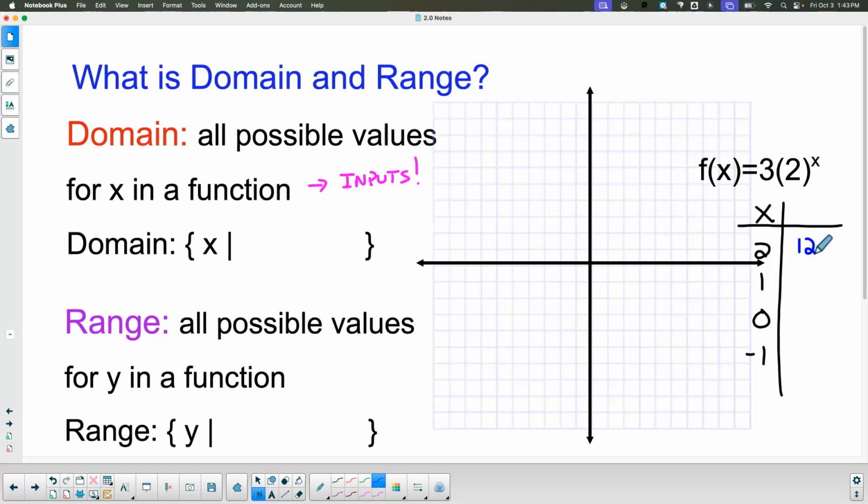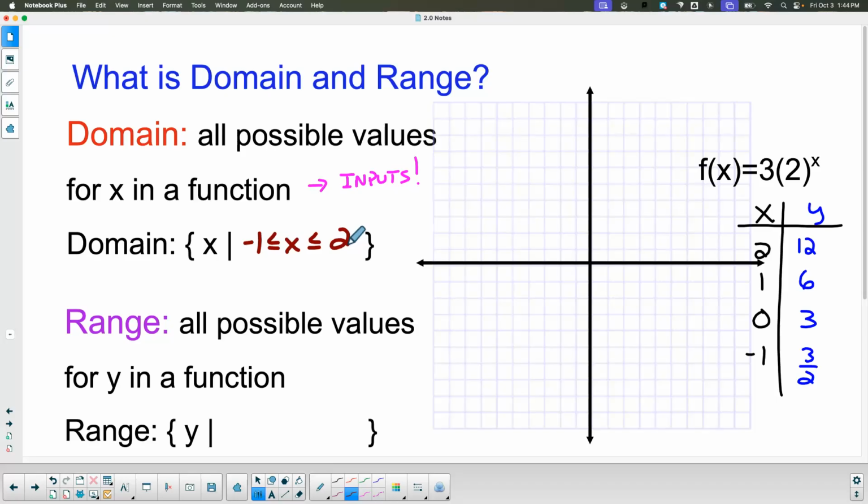Oops, I forgot to put my y's here, or my f of x's. 2 to the first power is 2, times 3 is 6. 2 to the 0 power is 1, times 3 is 3. 2 to the -1 power is 1/2, times 3 is 3/2. Okay? So if this were my function, I would say that my domain would be all values of x from -1 to +2. That's how I would write it.